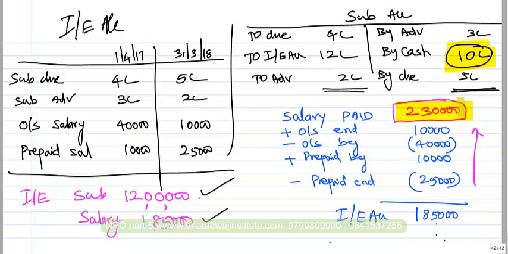This type of problem is repeatedly tested in the exam. Sometimes this alone they test for about 4 marks, 5 marks. They give you 2 or 3 items, and they ask you to work out collection and payment. Start. Take up this problem. But before that, take up these 2 lines.